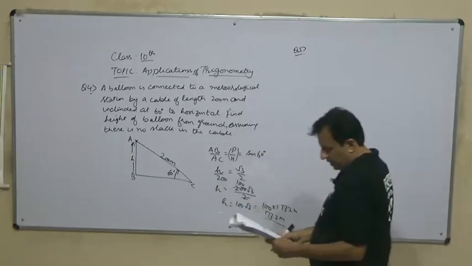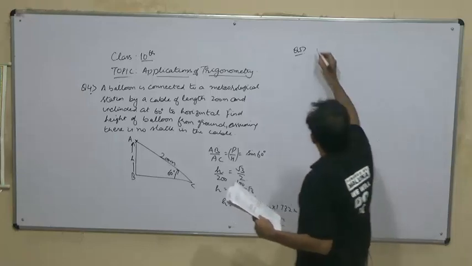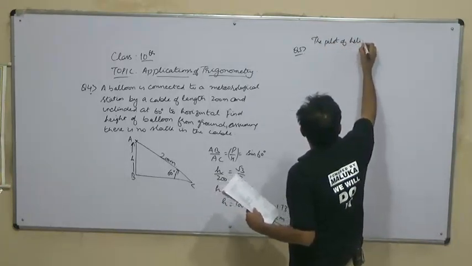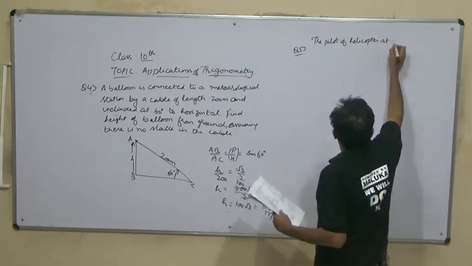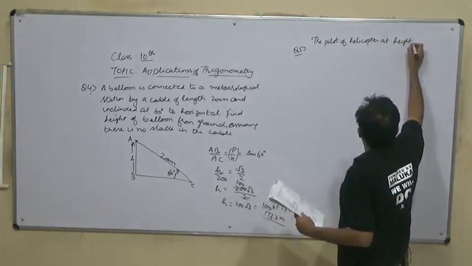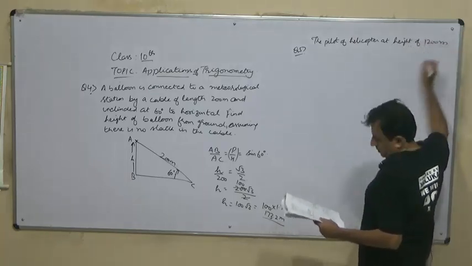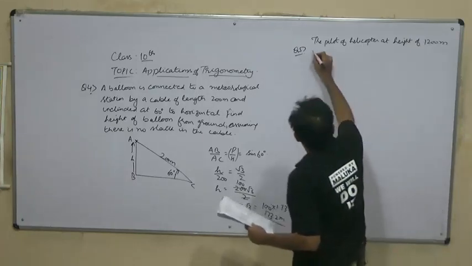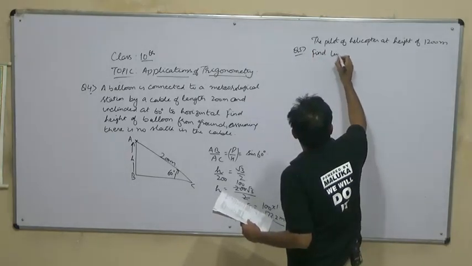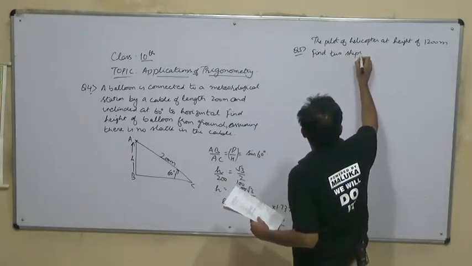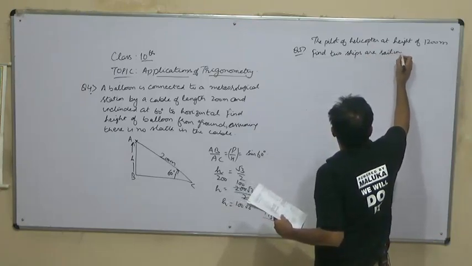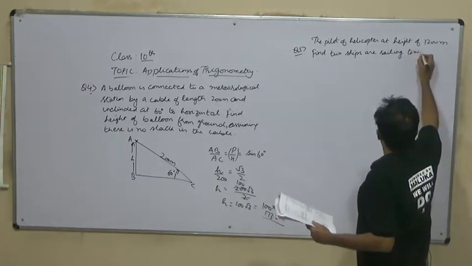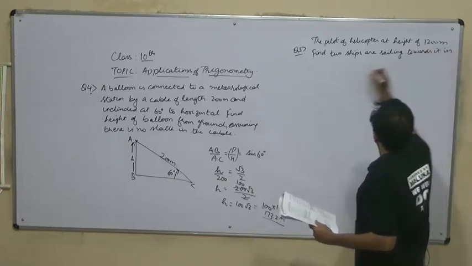The pilot of a helicopter at a height of 1200 meter sees two ships sailing towards it in the same direction.